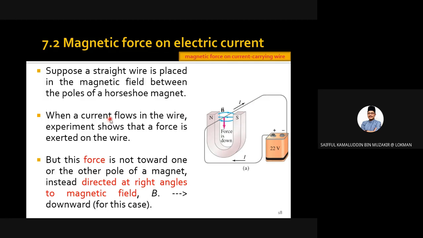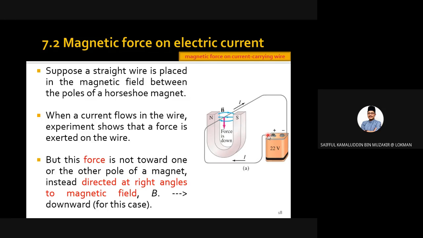So when a current flows in the wire, where is the direction? Of course, remember the negative terminal of the battery is producing the mobile electrons. The mobile electrons will move from the negative terminal to the positive terminal. So the electrical current is actually the movement of the positive charges, the holes.